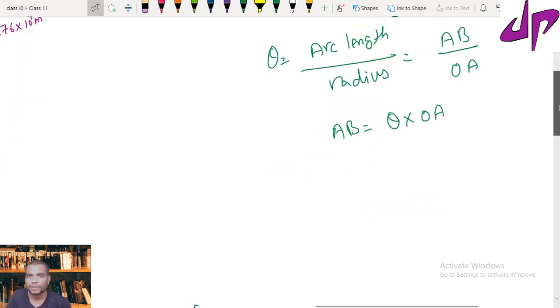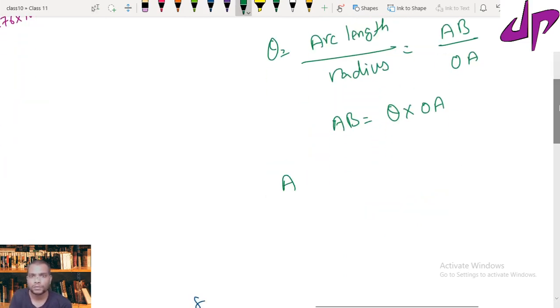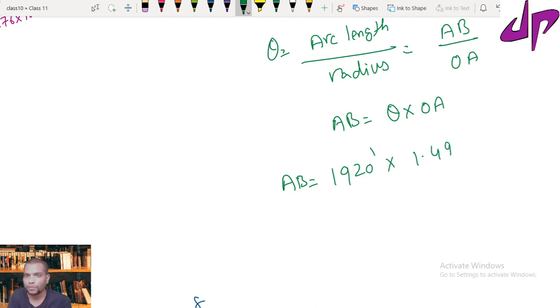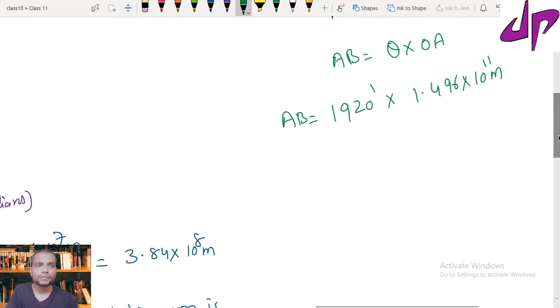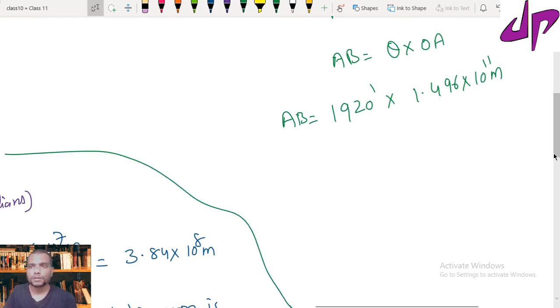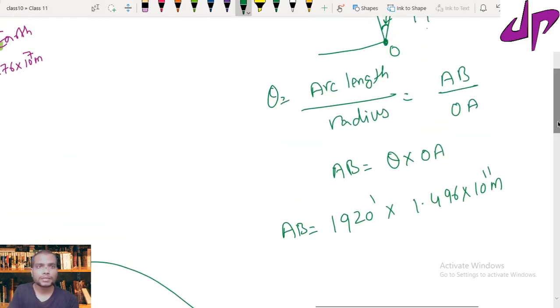Now we need to convert theta. AB equals, the theta given is 1920 minutes, times OA, where OA is 1.496 times 10 power 11 meters. First we convert these 1920 minutes into seconds.